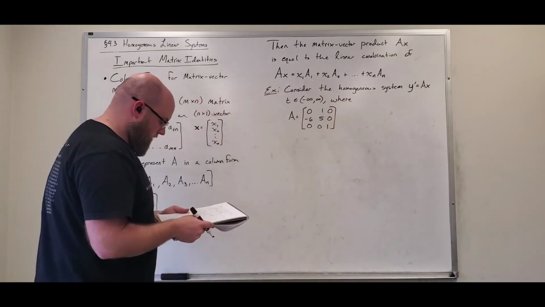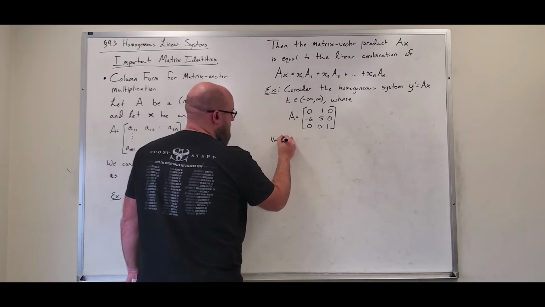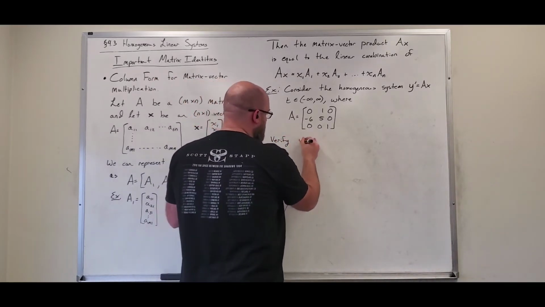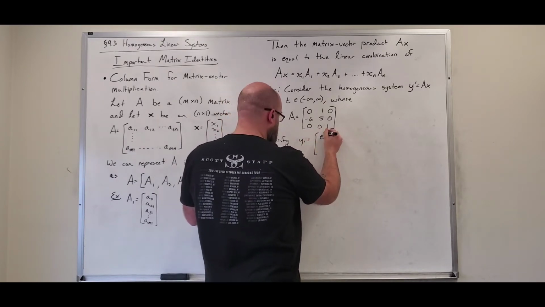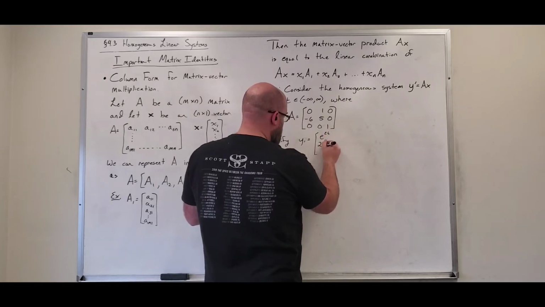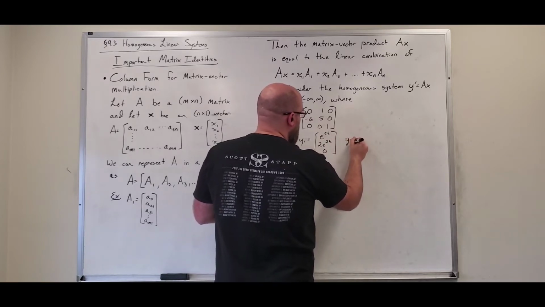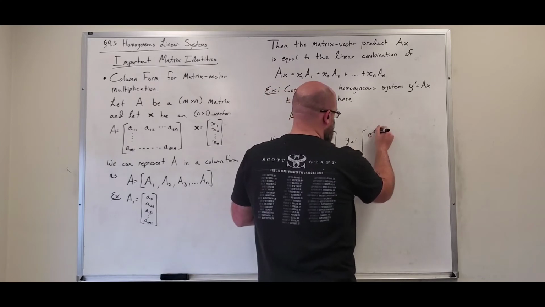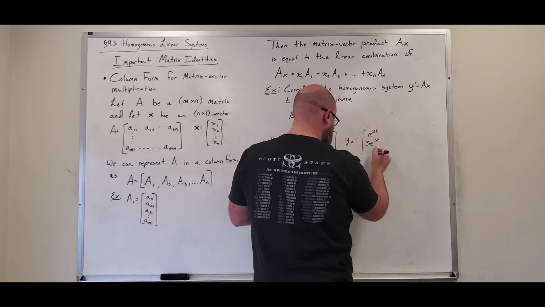I want us to verify the following. That y1 is equal to e to the 2t, 2e to the 2t, 0. y2 is equal to e to the 3t, 3e to the 3t, 0.